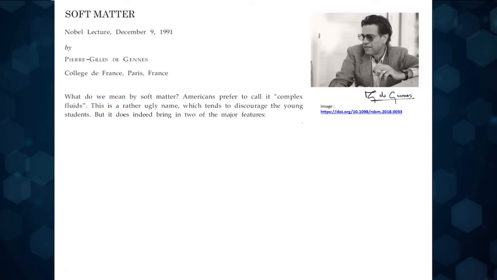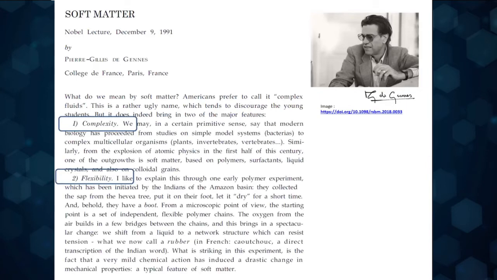The complex fluids, because one, it brings in complexity. The second thing, it brings in flexibility. Now, when I talk about flexibility and complexity, these two physical implications have very deep consequences in how soft matter interacts with external perturbation. The complexity part comes from the fact that there is a very nice evolution of systems.